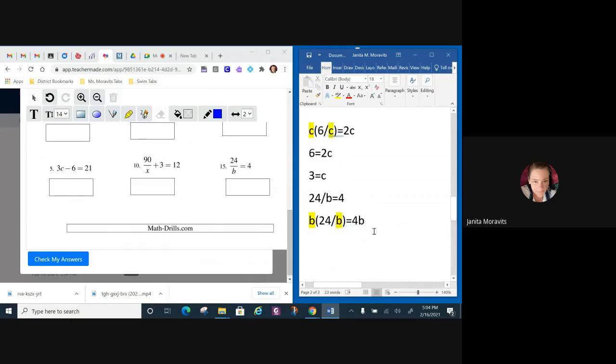And you're going to be left with 24 equals 4 times B. Now, remember, we have to divide both sides by 4. 24 divided by 4 is 6. And 4B divided by 4 will leave us with B. So, right here, we're going to say B equals 6.